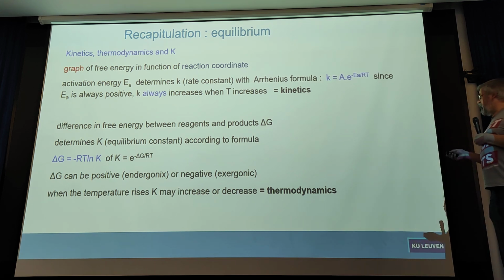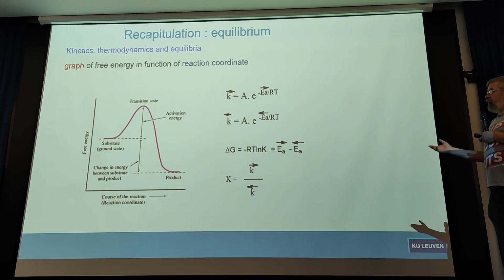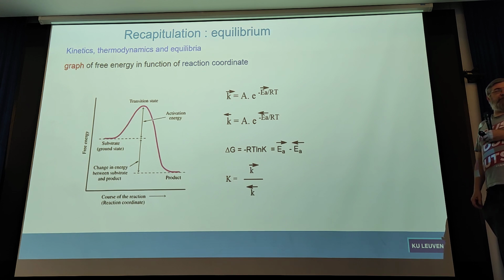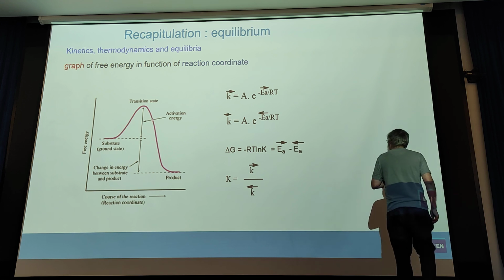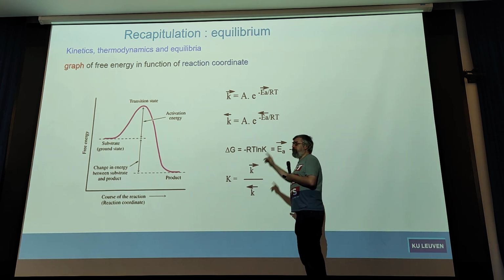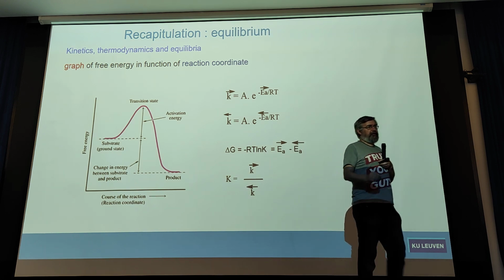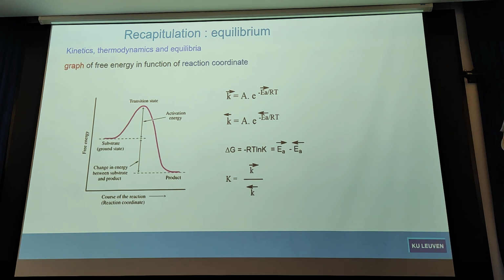Now, this graph of the free energy as a function of the reaction coordinate, we have one here. This is a typical exergonic reaction, meaning the products have a lower energy, so delta G is negative in this case. And you see here the rate constants. I have made a distinction between the rate constant going from left to right and from right to left.